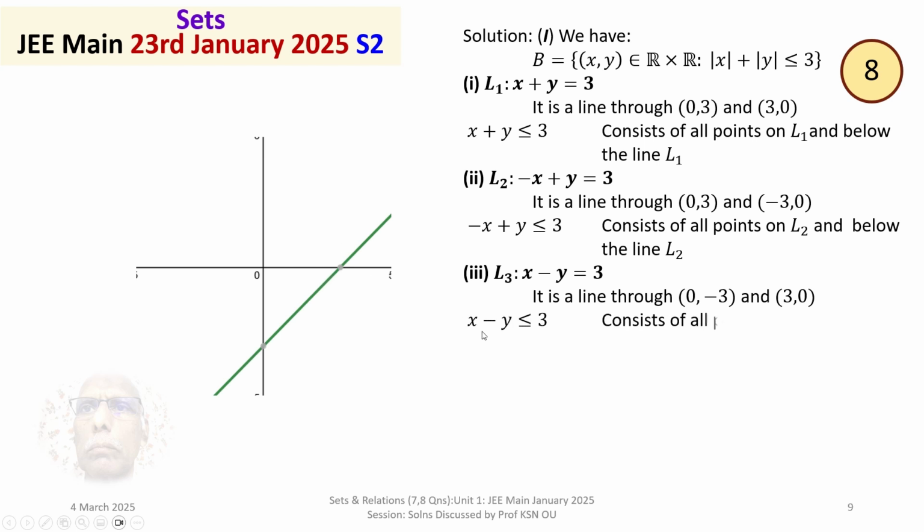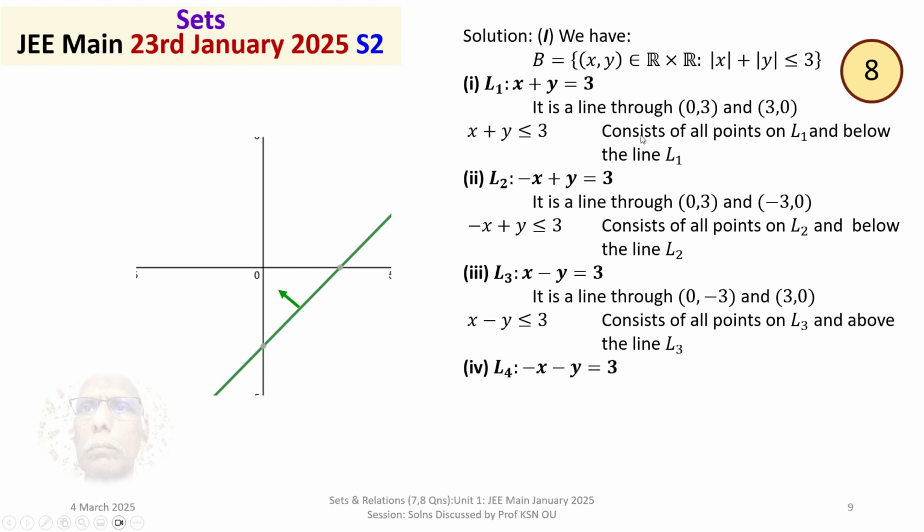Consider the inequality x minus y less than or equal to 3. It consists of all points on the line L3 and above the line L3. Again, (0, 0), substitute in this. It is satisfied in this inequality. So it represents that region in which (0, 0) is present, that is above the line L3.